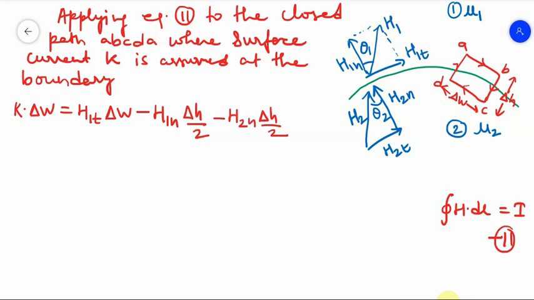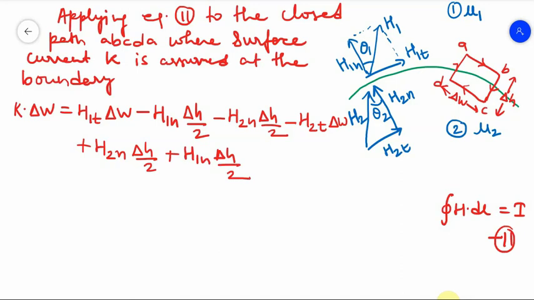For C to D, it is along H2T but the direction is negative, so we will write minus H2T del W. And for D to A, in the lower medium it is along H2N, so we will write H2N and the height will be del H upon 2. And for the upper half also, H1N is there and del H by 2.